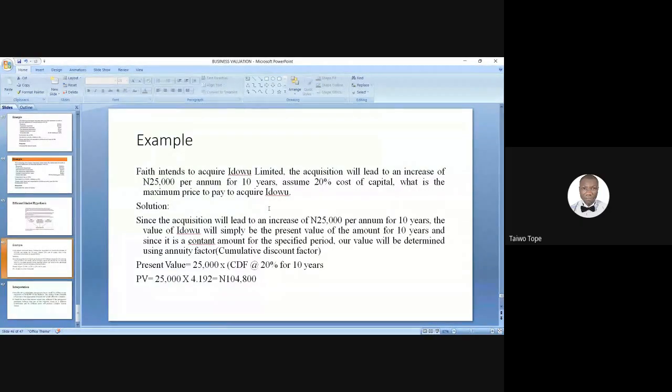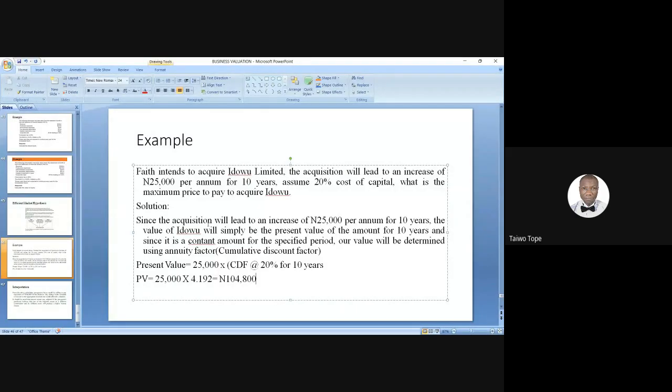Now, where there is no constant inflow as a result of inflation or other economic factors that may affect the business, then there will be an adjustment. And in relation to inflation, the question will show us that. Where there is no constant inflow, we will not use annuity as we've used here.